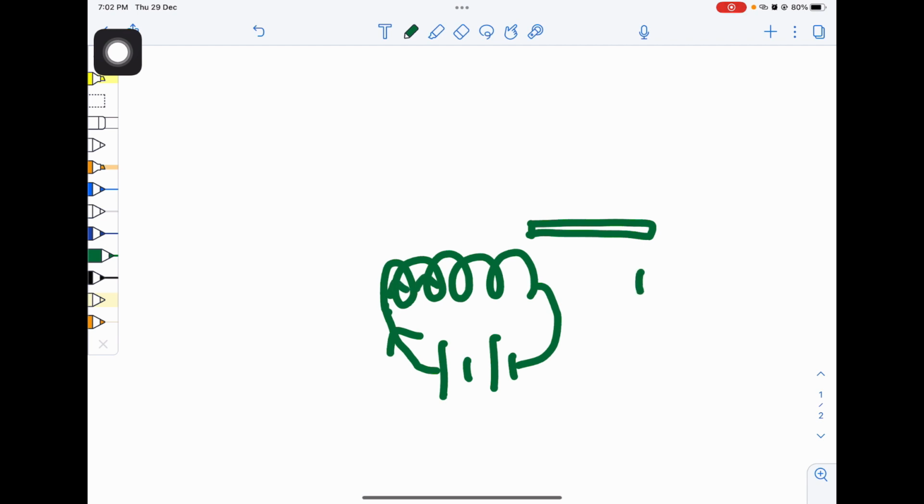Okay, kita guna right hand grip rule. Okay, our thumb pointing this. Kan? Salah. Bila guna right hand grip rule, anak panah ke atas. Anak panah ke atas macam ni. Okay.